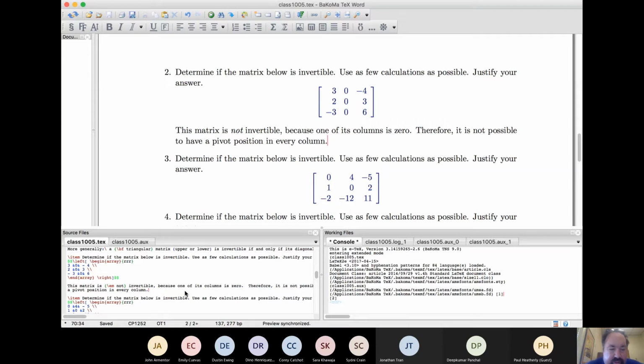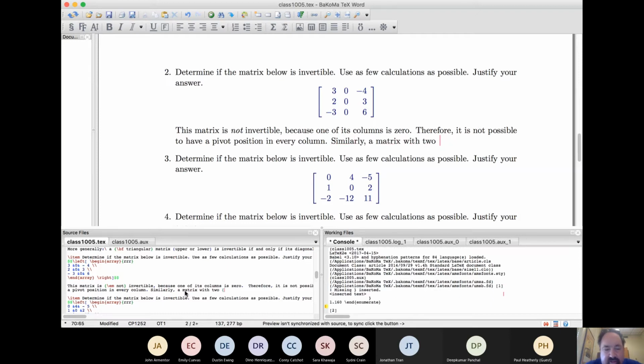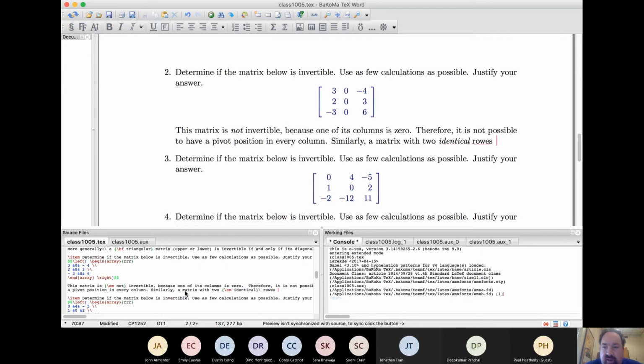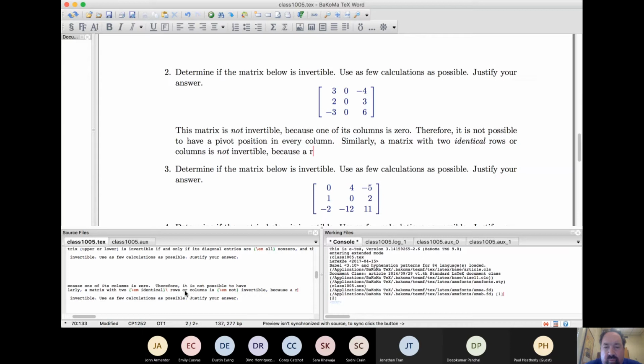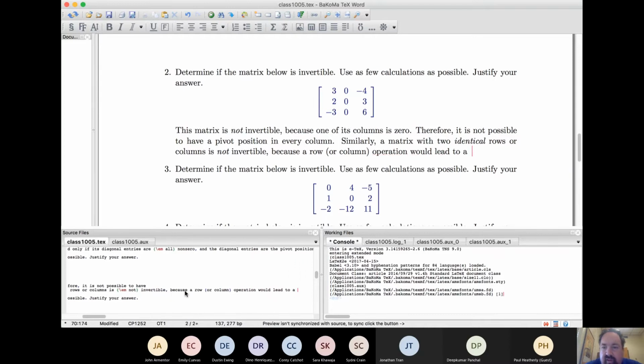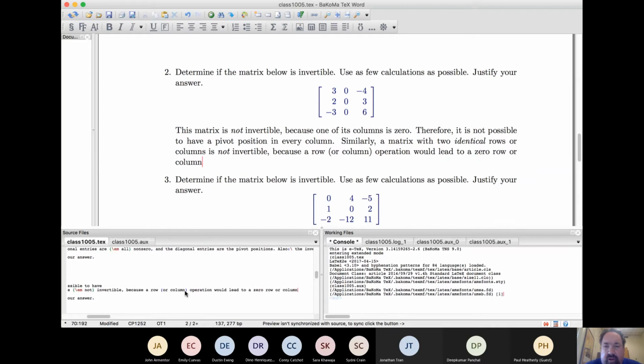Similarly, this doesn't come up on the homework problems, but a matrix with two identical rows or columns is not invertible, because a row or column operation would cause that row or column to become all zeros.